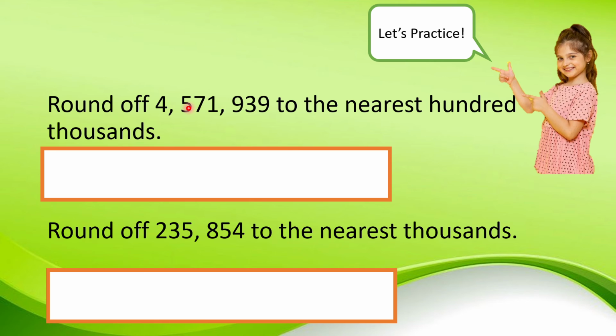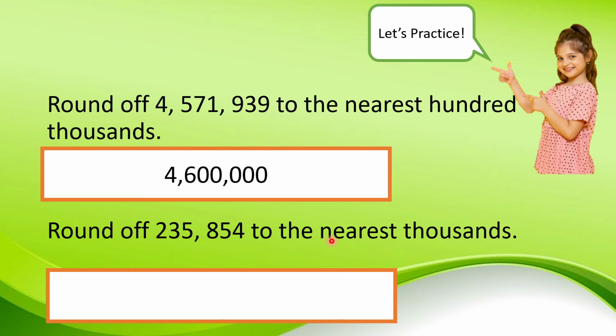So 5. And what is the number after the 5? It's 7. Since 7 is more than 5, we will increase the 5 by 1 and it will become 6. So we round off this number as 4,600,000.